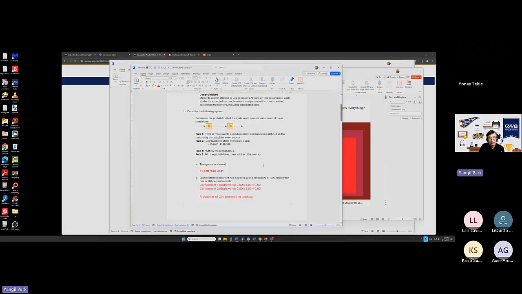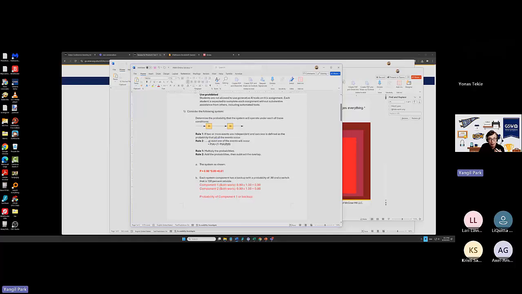Basically, in that case, if only one works, we add the probability, then subtract the overlap. This is the formula. You have the probability of A, plus 1 minus the probability of A itself, so that it eliminates duplicates.